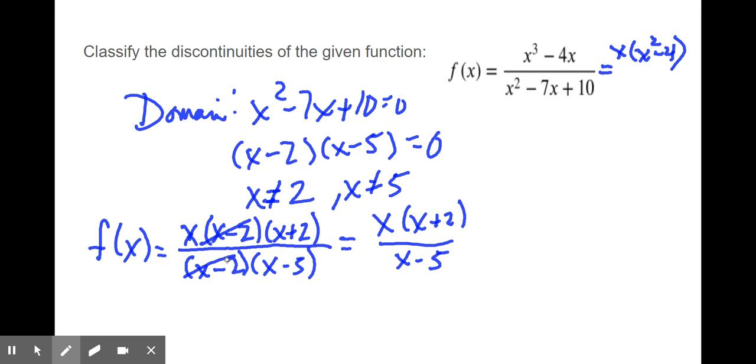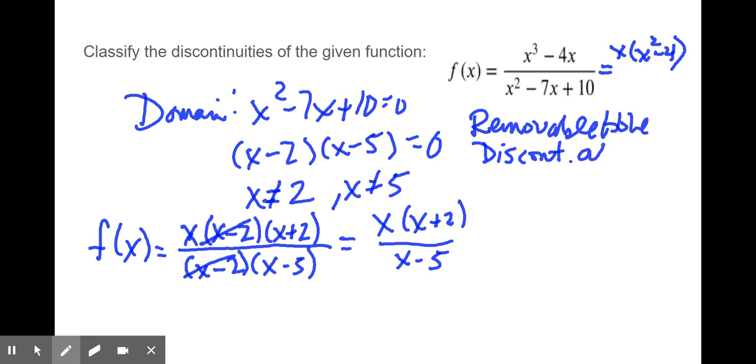A minute ago, when I plugged x equals 2 in, I got 0 in the denominator. What I was actually getting was 0 over 0, which we all know now is indeterminate from limits land. So since we've removed the discontinuity at x equals 2, there is a removable hole discontinuity at x equals 2.